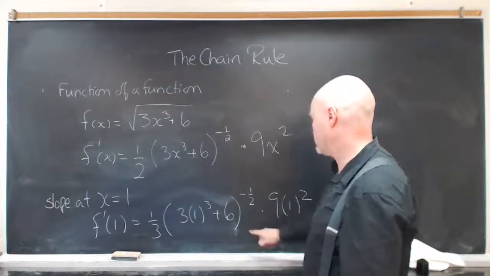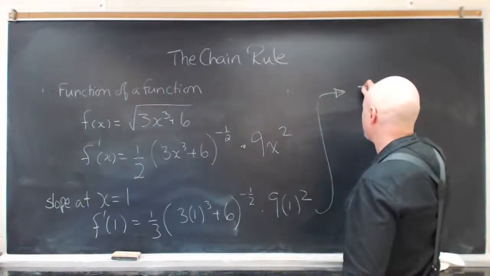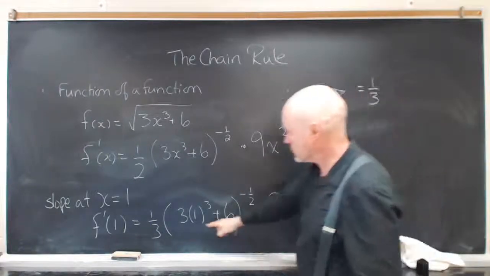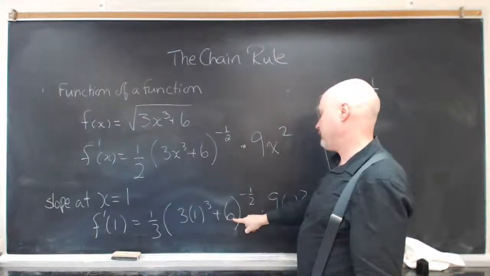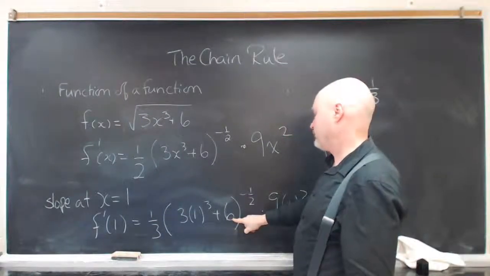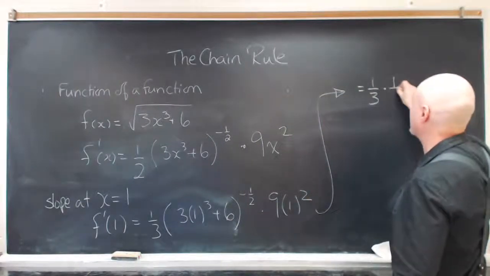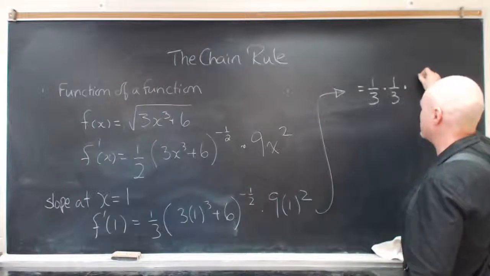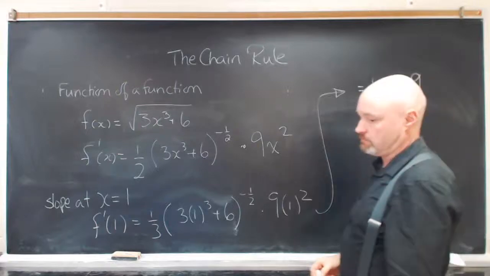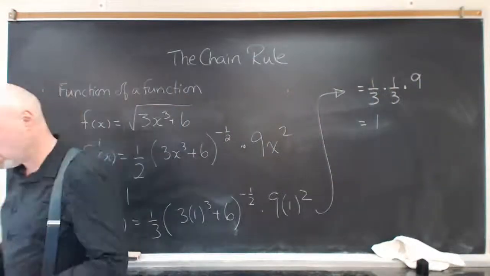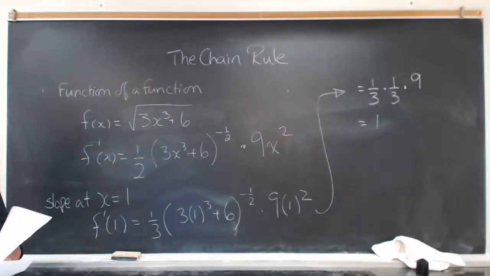I think so. Because it's 1/3. That's 9, right? 1/3 times 9 to the negative 1/2. Right. So 1/3 times 1/3 times 9. Okay. Yeah. I forgot. Okay. Darn good so far.